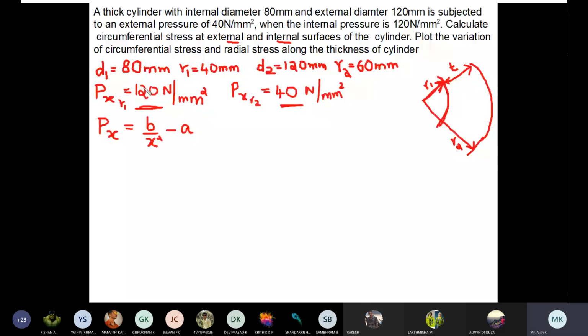So we'll substitute the value of Px. Internal pressure is 120. Value of x at inner surface is R1, and R1 is 40. So 120 is equal to b by 40 square minus a. This will be equation number 1.